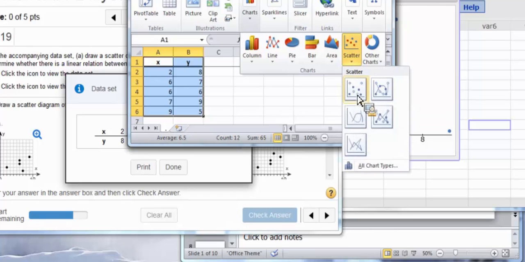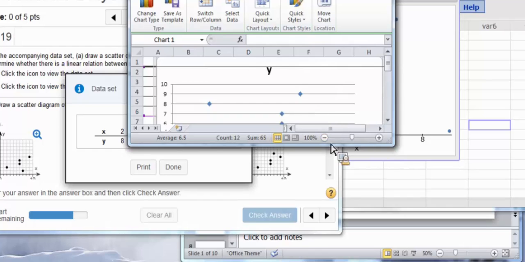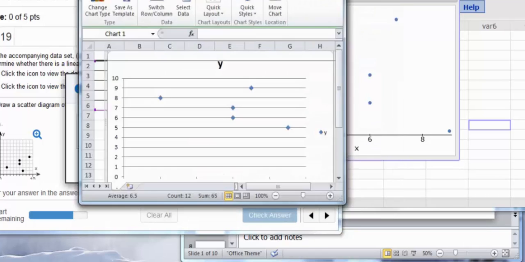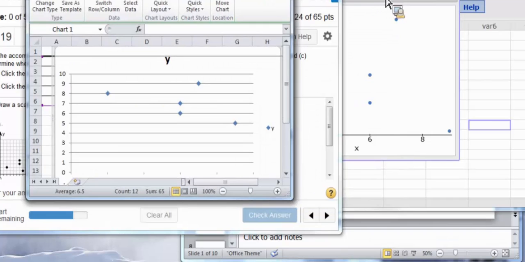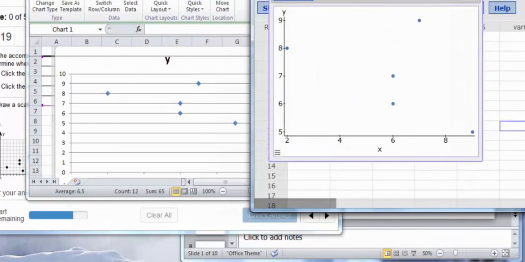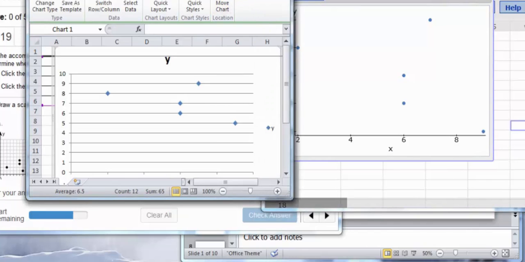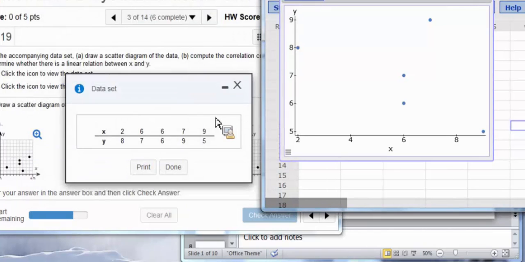So insert a scatter plot. Usually you'll see more of these icons, but I'm in a low resolution mode. And here it is. You see it's the same picture. Kind of the person lying down with his hand up in the air. So drawing graphs like this is also quick in Excel.